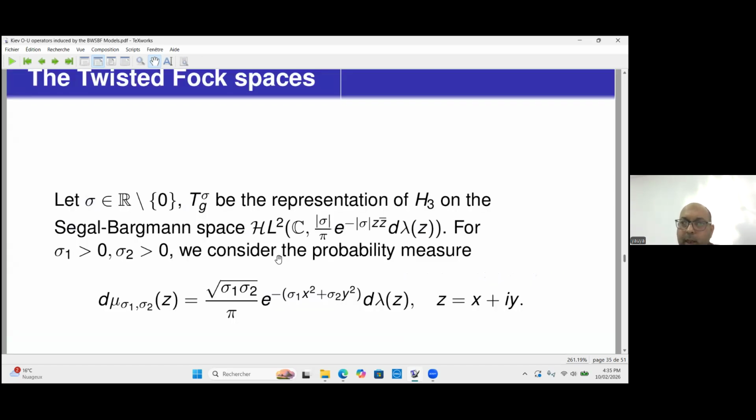So here we shall consider the probability measure for which the intersection of holomorphic functions with L2 with respect to this measure is a reproducing kernel Hilbert space.